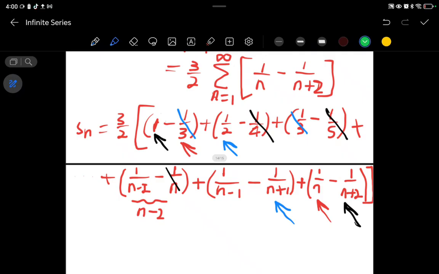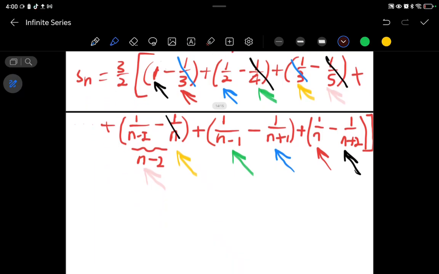And then I match 1/n with this. Then I match this with this, and again I match this with this. So the ones that did not cancel from here, they also won't cancel here. You see, right? So let's check which ones didn't cancel.